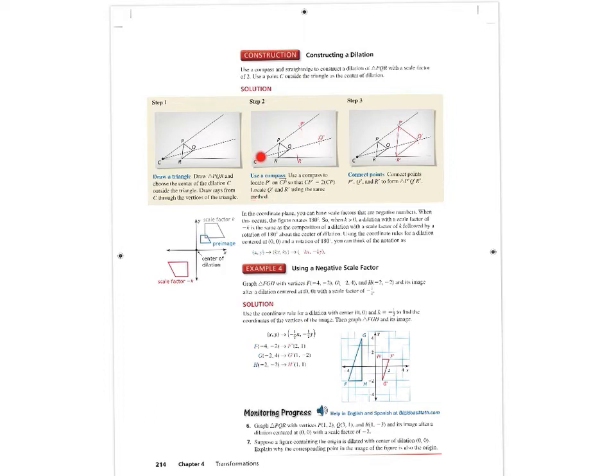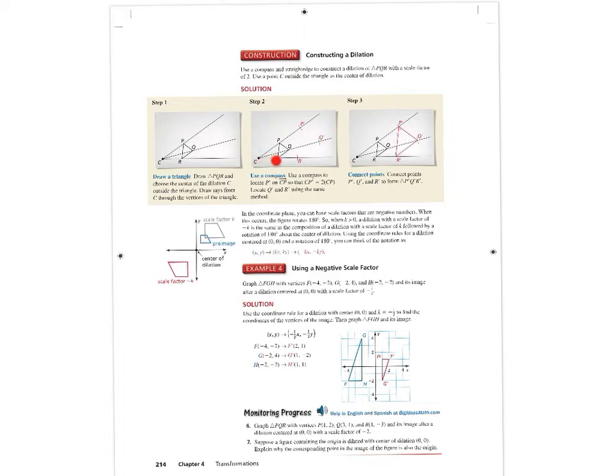So you would line up the center of your compass here, measure the radius to P, and then double that distance. Measure using your compass, and then double that length so that you make a mark at P prime. Then measure your distance from C to Q, doubling it to create your mark at Q prime.